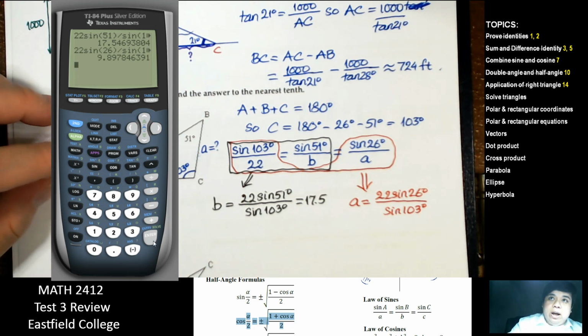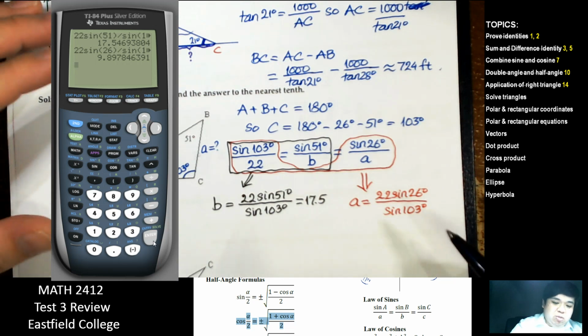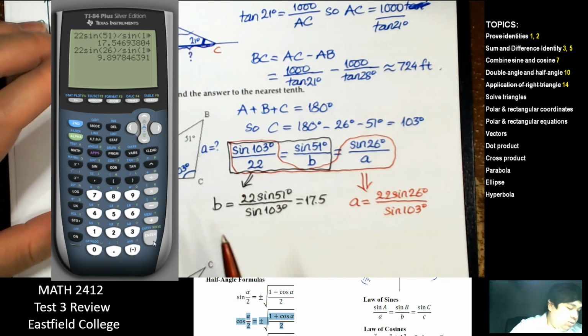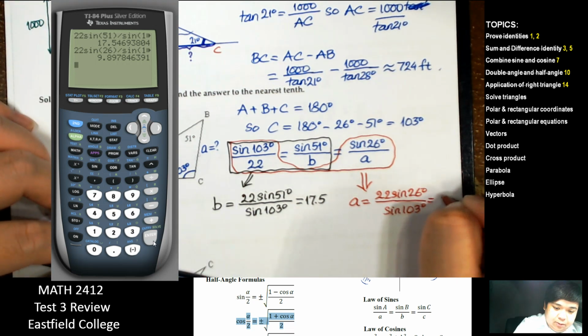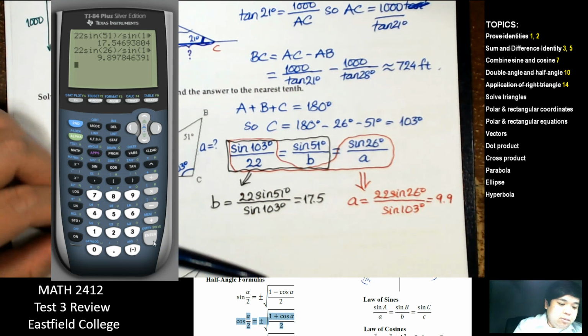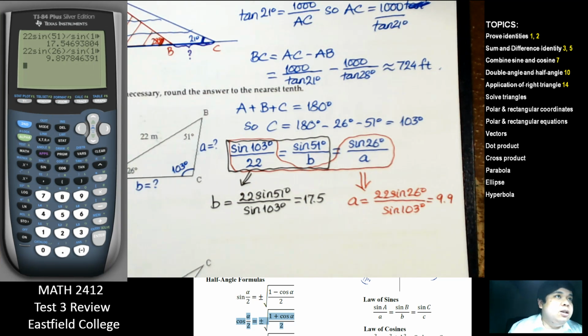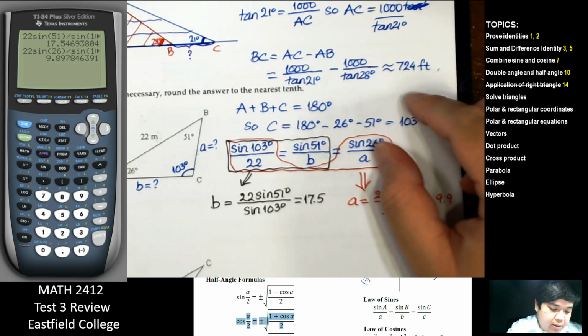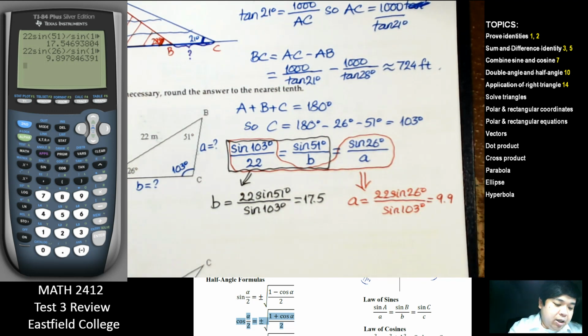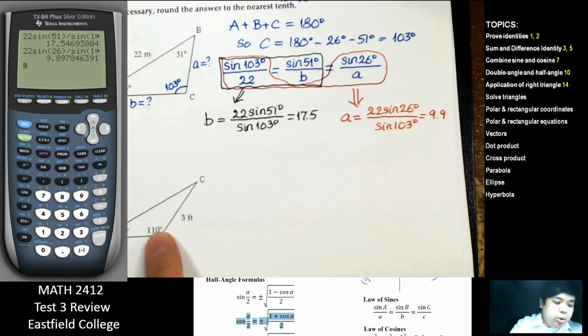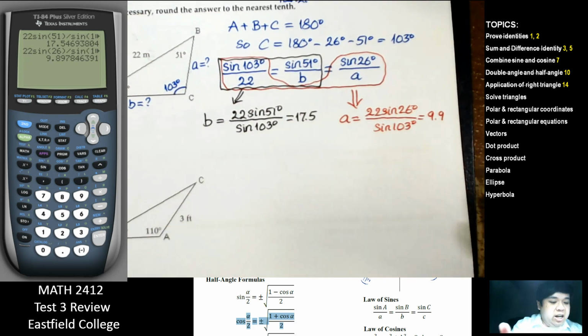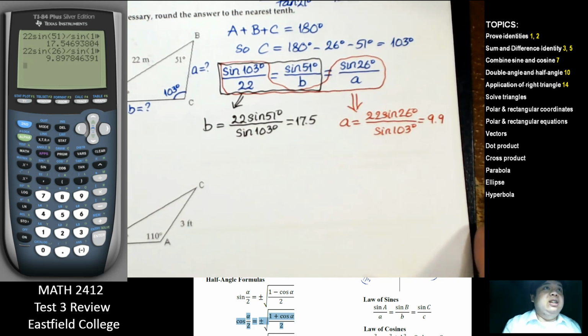And it's 9.89, so that's about 9.9. Right, so pretty much we have everything for that triangle, all the sides and all the angles. Same thing will be done on 16. Since we know two, we know the last angle, and the rest will follow easily.